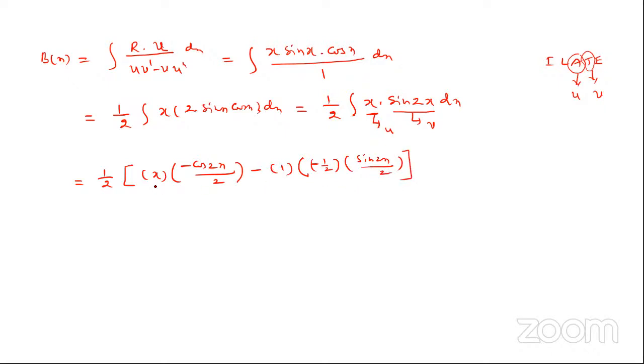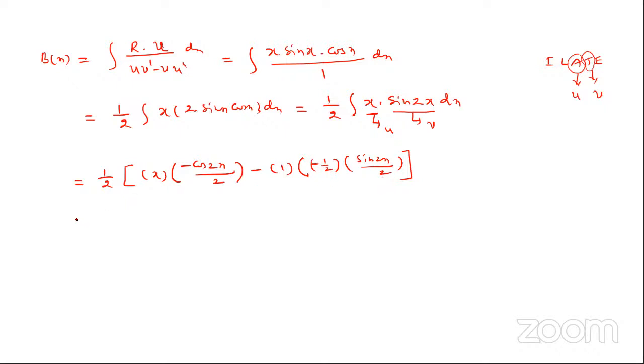This is just like U into integration of V minus the derivative of the pre-multiple x with respect to x, which is 1, and the integration of minus cos 2x by 2 is minus 1 by 2 into integration of cos 2x, which is sin 2x by 2.